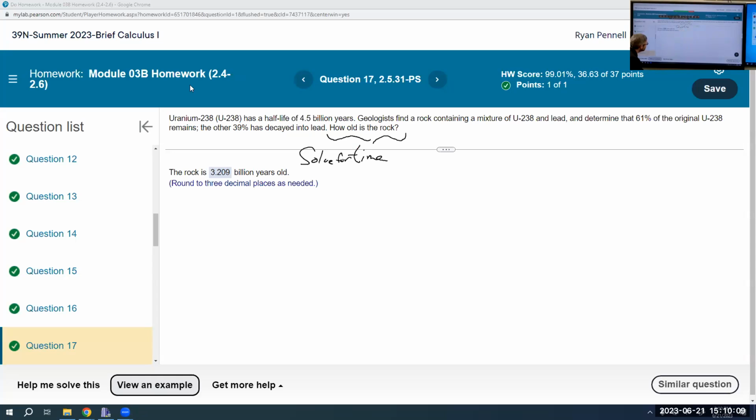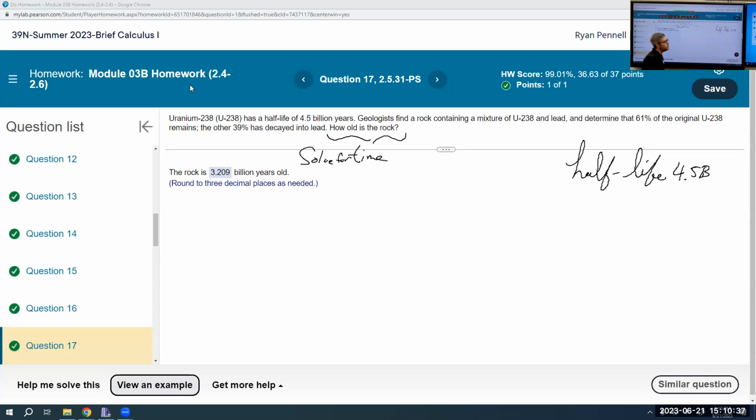They said the half-life is 4.5 billion years. So what do we not know?